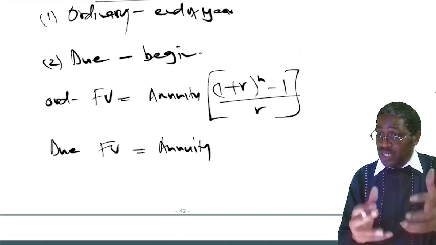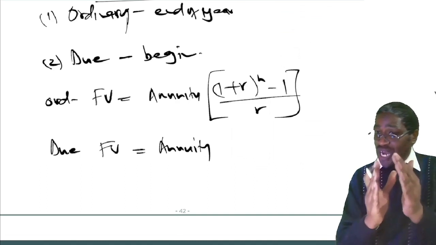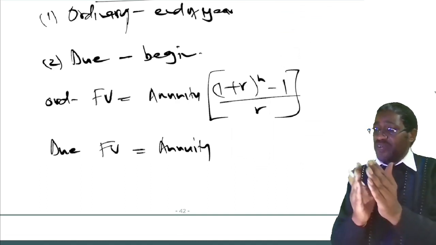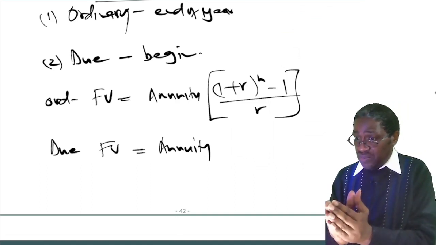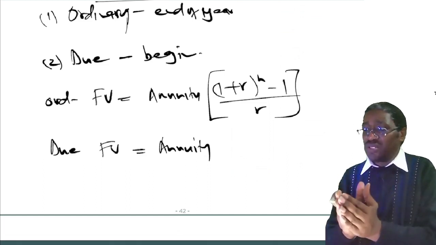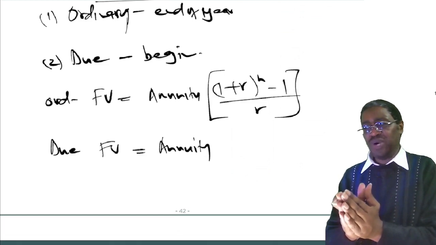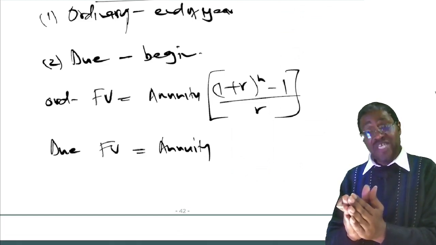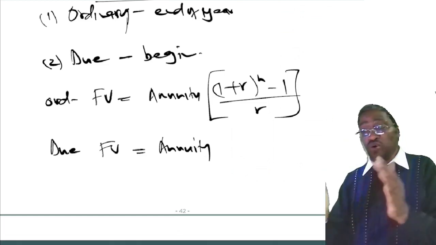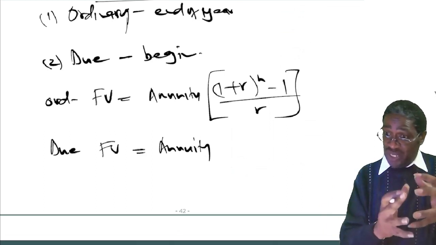I hope you're getting it, because for ordinary annuity, you are investing at the end of the year, so your 1 million will not earn interest in the first year. The one you deposited at the end of year 1 will earn interest from year 2. So you lost the interest for that first year.